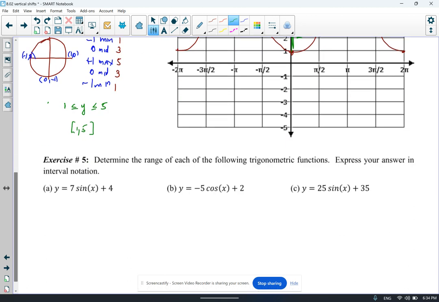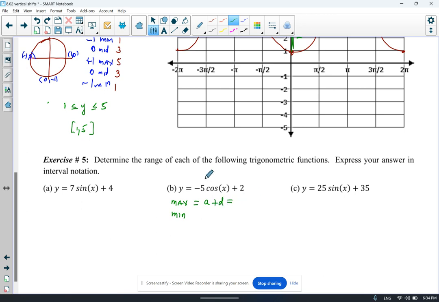And finally, I just want to go over 2 more problems on how to get the range. Sometimes you want to get the range and you don't want to have to graph the whole function. Again, you can just use the formula that we use to calculate the maximum and minimum value of the function. So the maximum value of the function is the amplitude plus the vertical shift.